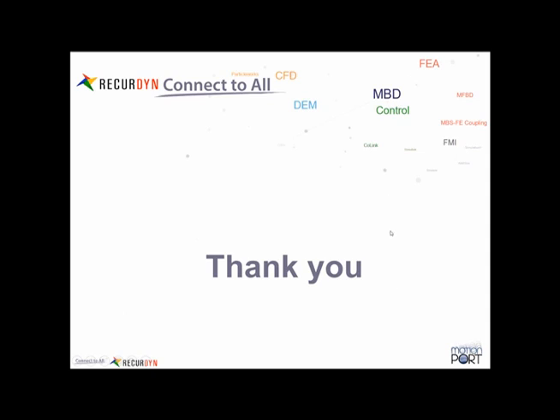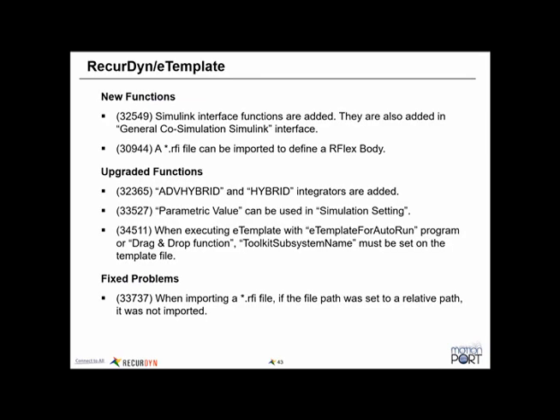Hello, Brant. Yes, I have a question. If we can go back to the previous slide. Okay. So under new functions, an RFI file can be imported to define an RFlex body. Does that mean that we can use the eTemplate format to create an RFI file?